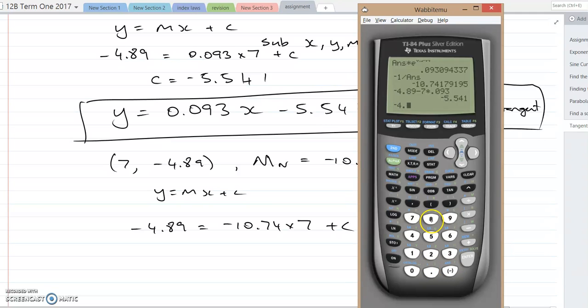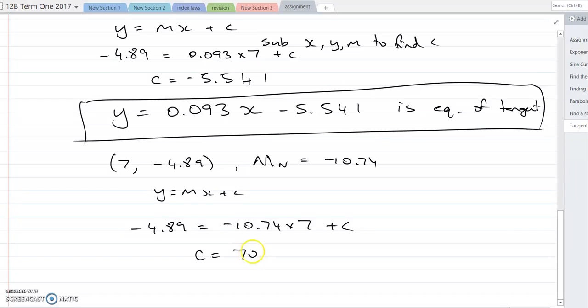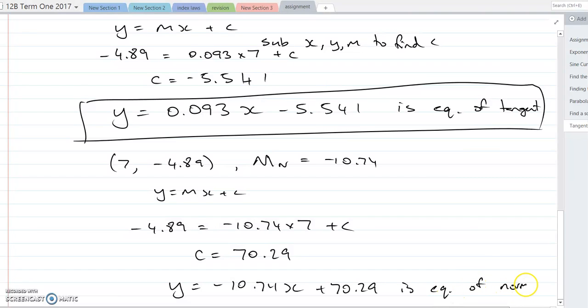Negative 4.89 plus 7 times 10.74 is 70.29. So c equals 70.29. So y equals negative 10.74x plus 70.29 is the equation of the normal.